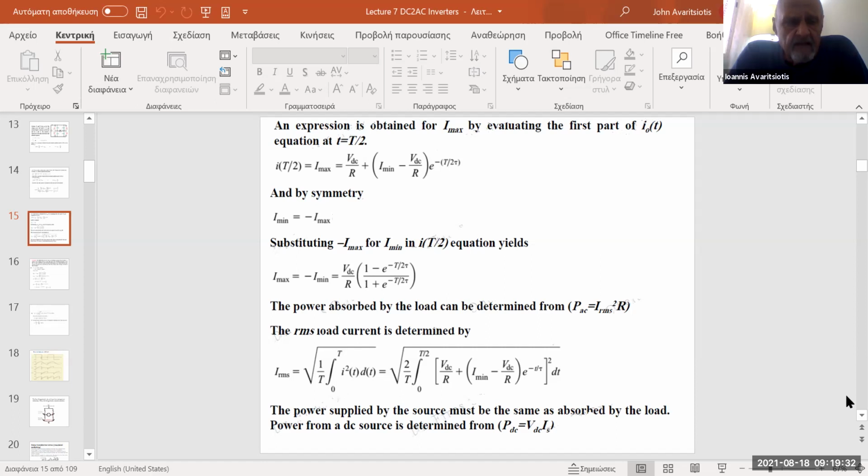Then we multiply the square of this value by the resistance of the resistive load, and we find the AC power absorbed by the RL load, in other words, only by the resistive element of the RL load, given, again, I repeat, that the inductor is assumed to be ideal.